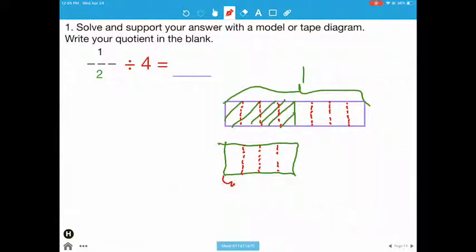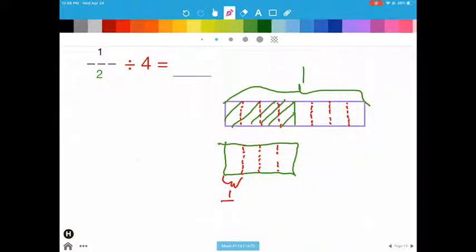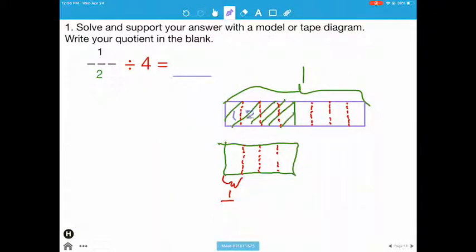So one of these is 1, 2, 3, 4, 5, 6, 7, 8, 1/8. See how we got that? This section here is actually 1/8 of a whole. So our answer is 1/8.